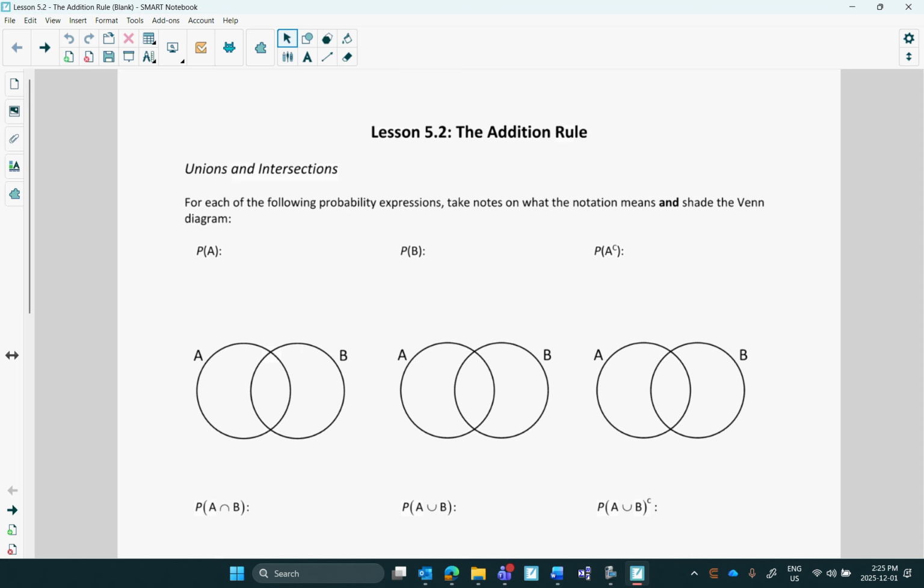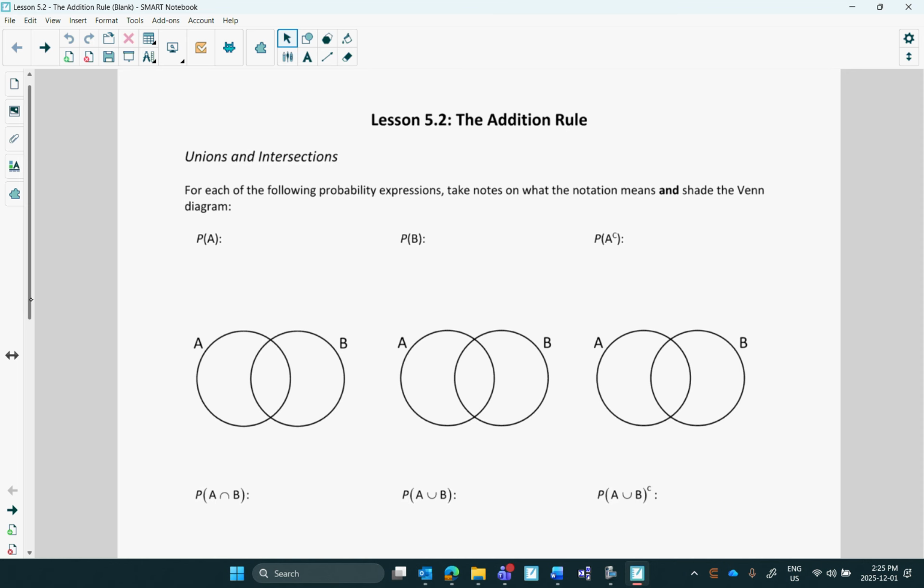But before that, I want to talk about being familiar with the words union and intersection when we talk about certain situations. So for each of these following probability expressions, take notes on what the notation means. Shade the Venn diagram.